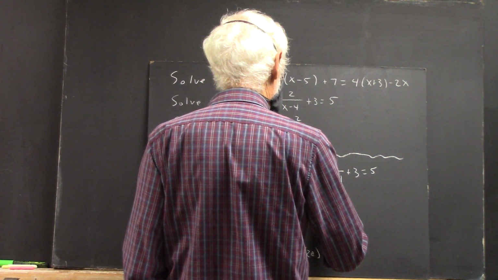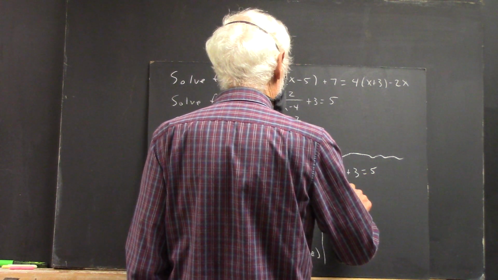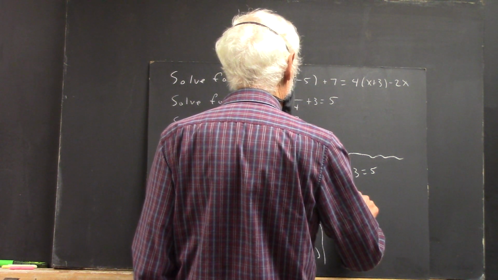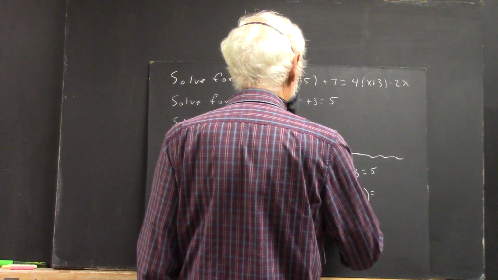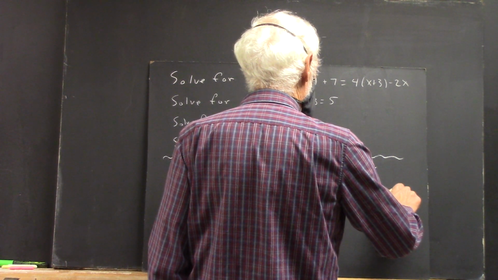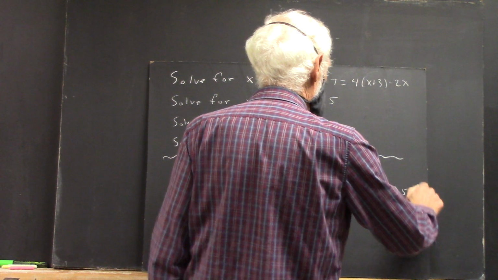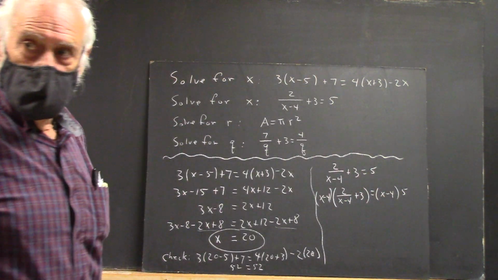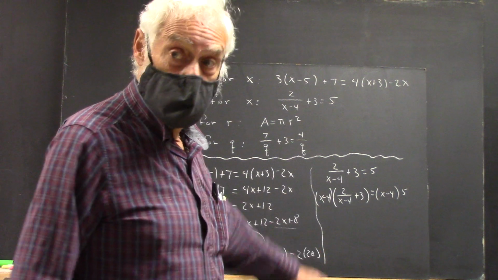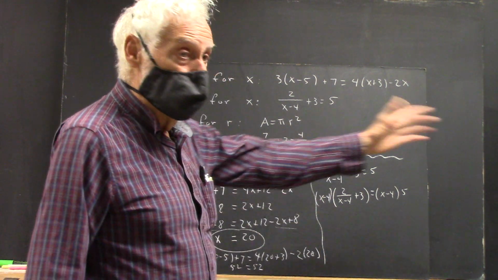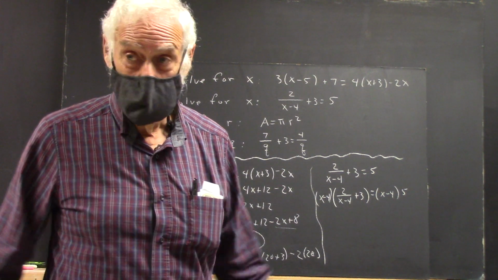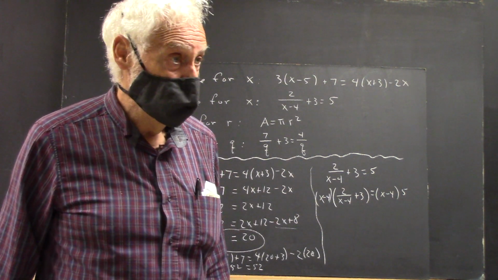You do x minus 4, multiply by 2 over x minus 4 plus 3 equals x minus 4 times 5. You want to write this step out. You don't just start, multiply this by x minus 4 and don't do anything to the other two terms. That's going to be fatal. Okay?